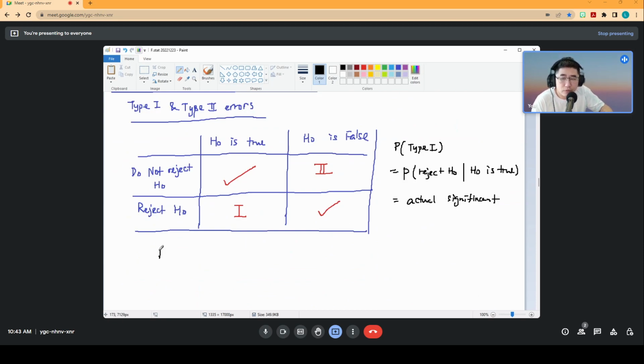For the probability of type 2 error, it will be the probability of do not reject H0, provided H0 is false.